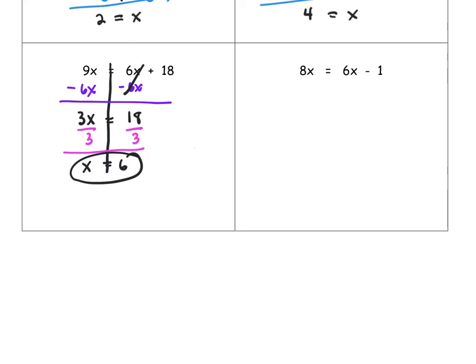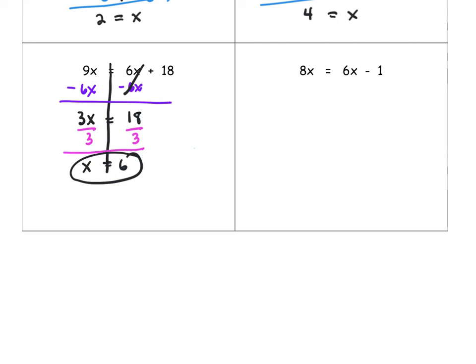There are more steps. So I'm going to encourage you to always eliminate when you have this kind of situation where there's not a constant given along with the term with the x. Start with the side that does have the constant and eliminate that term with the x first.